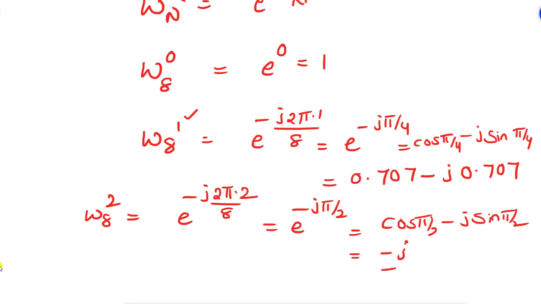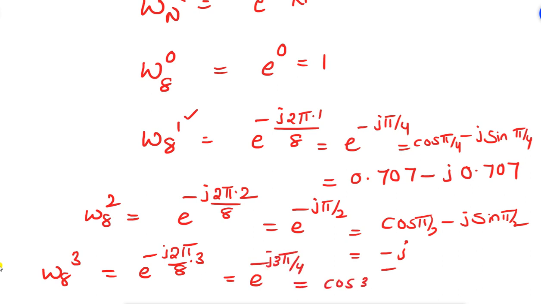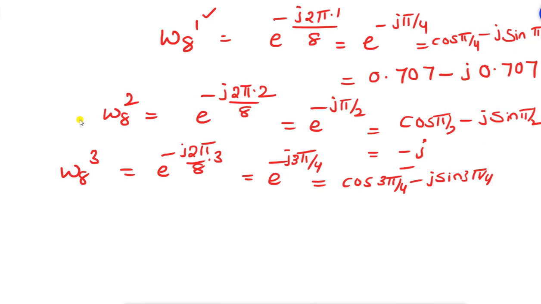And finally W_8 to the power 3, that is equal to e to the power of minus j 2 pi by 8 into 3, that is equal to e to the power of minus j 3 pi by 4, which is cos 3 pi by 4 minus j sin 3 pi by 4, and its value is obtained as minus 0.707 minus j 0.707.